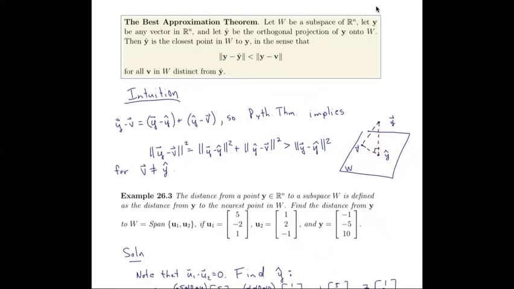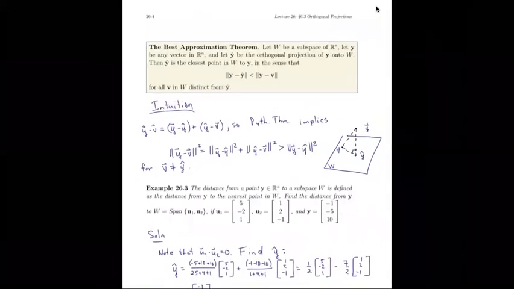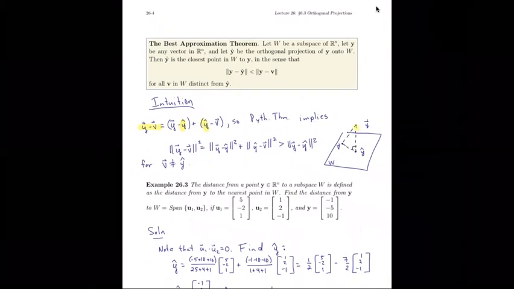So in order to do this, we need to write this down. Y minus v, we can subtract and add y hat to this difference. And then we can regroup the terms. Notice that if we simplify the right-hand side, we'll get the left-hand side, y minus v. But with this in place, and knowing that y hat is the orthogonal projection of y onto W, we realize that this forms a right triangle.